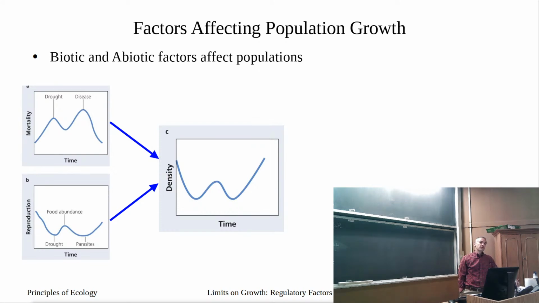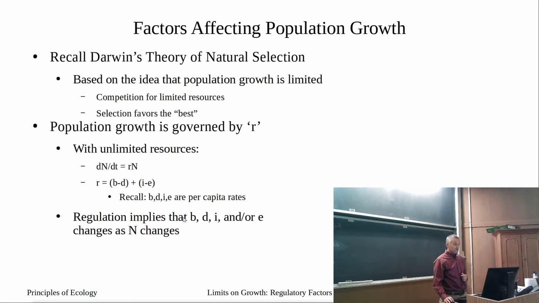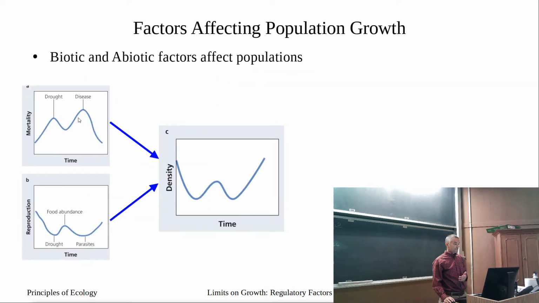These things are also going to affect our population. How? Through their effect on birth rates, death rates, immigration, and emigration rates. So these factors, by impacting those things that influence r, will thus affect our intrinsic rate of growth. So here's a figure that demonstrates this.